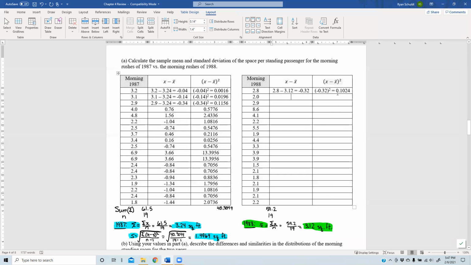Okay, so there's our first one done. Now let's do the next one. So 2.0 minus 3.12 equals negative 1.12. Then we have to square that.